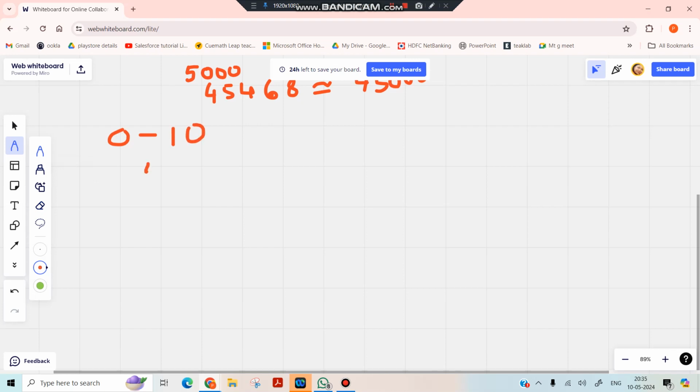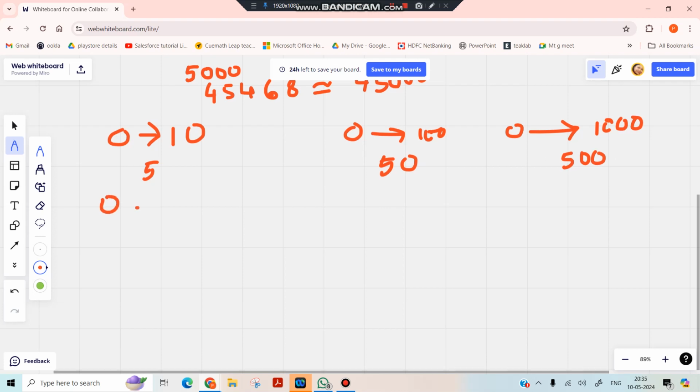The middle number is 5. From 0 to 100, the middle number is 50. From 0 to 1000, the middle number is 500.